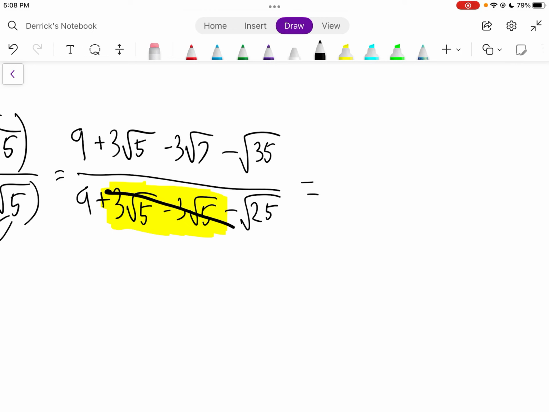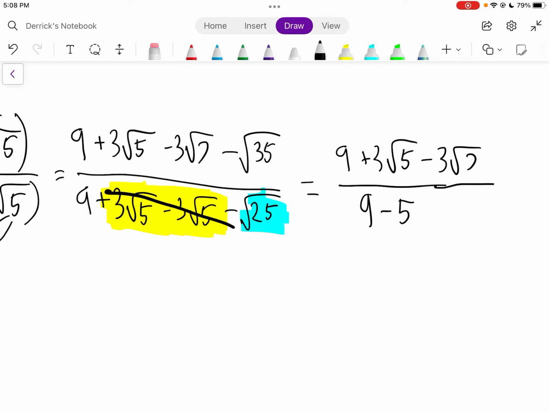So, in my denominator, I notice that the square root of 25 is 5, which means I really have 9 minus 5 down there. In my numerator, 9, 3 square root of 5, and 3 square root of 7 are all not like terms. They are all different terms, so none of those can cancel.